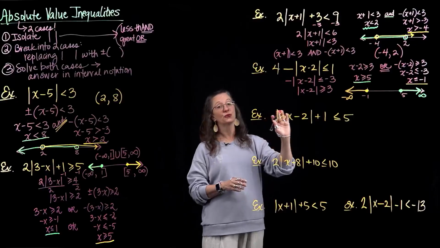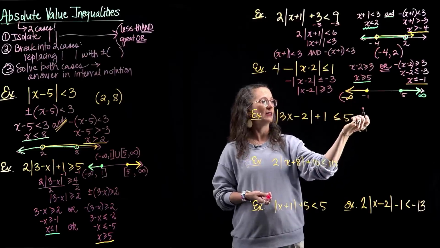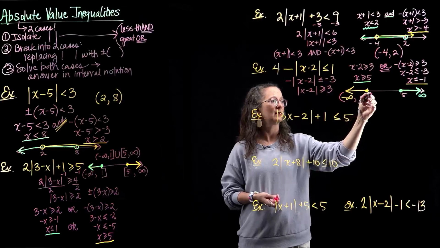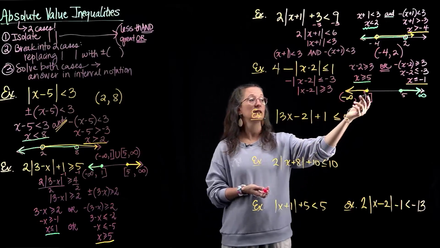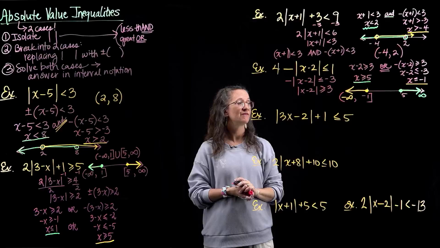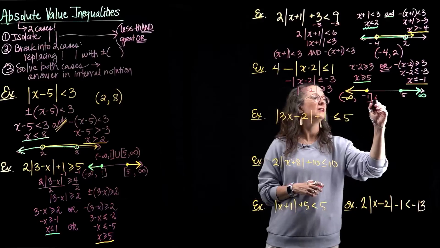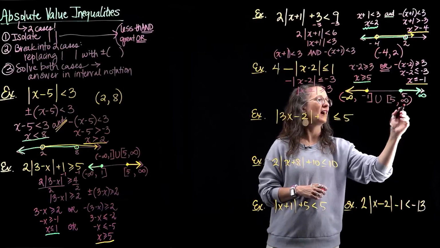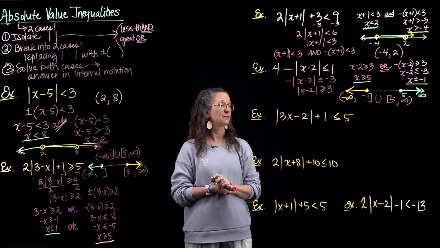All right, so from my number line, I can add a parentheses on negative infinity and a comma between that and negative 1 and a bracket on negative 1 to indicate that we have a solid dot. So that's the first piece of my solution. And then we will add in the second piece, which is bracket 5, comma, positive infinity.